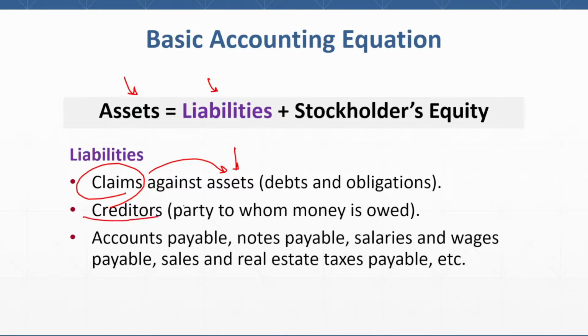Those who lend us money, creditors, will be reported under liabilities. A liability is the money that we owe. So basically, assets are what we own, and liabilities are what we owe to other people and companies.